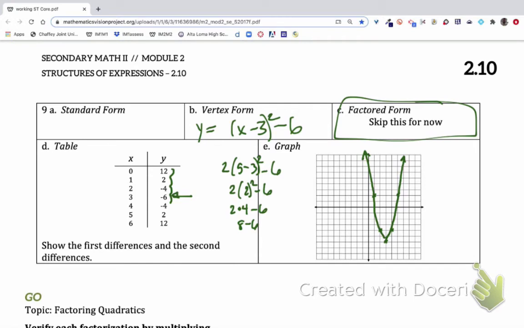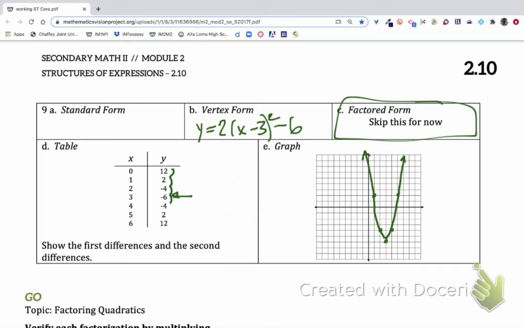Let's take another one. 2 times 6 minus 3 squared minus 6. 2 times 9 minus 6, because 3 squared is 9. 18 minus 6, and that gives me 12. So if you do this for each one of them, you'll see you would end up having a vertical stretch of 2.